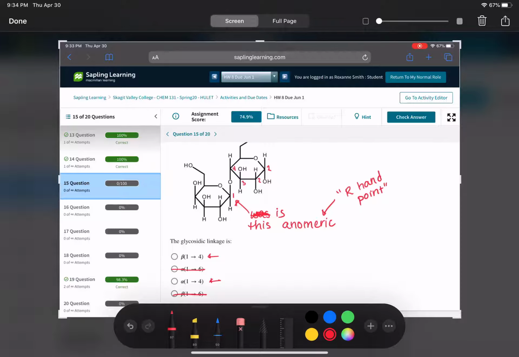So is this the anomeric carbon of this ring? Yes, it is. And for this particular anomeric carbon, is the OH sticking up or down? Or you have to think about, was the OH sticking up or down back before it became a disaccharide? The OH is up, so this guy is beta.